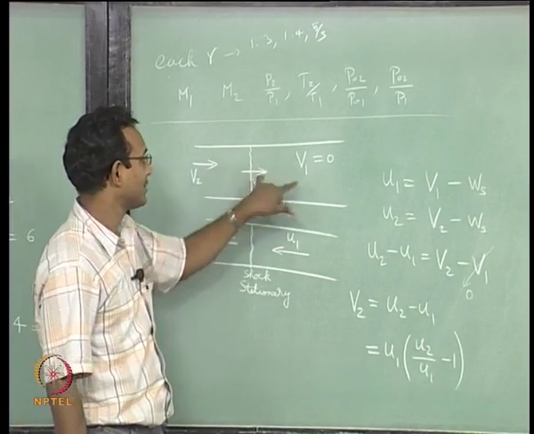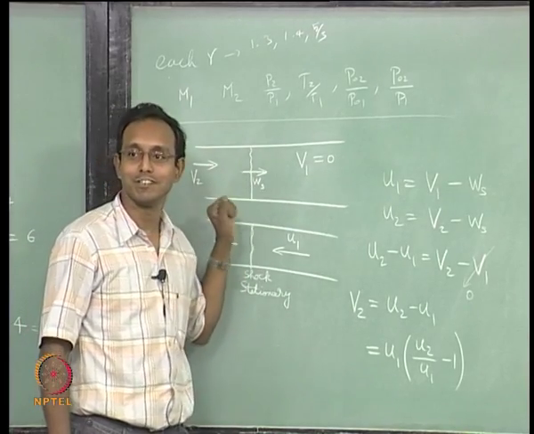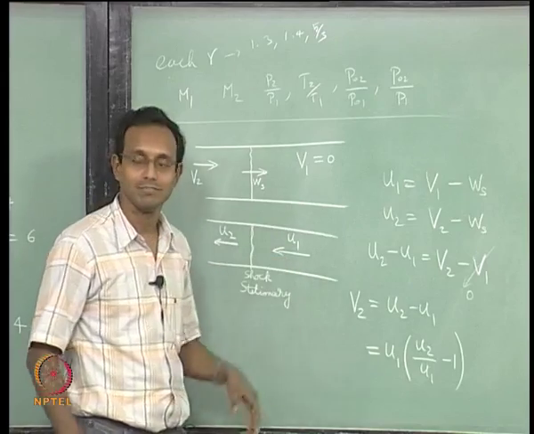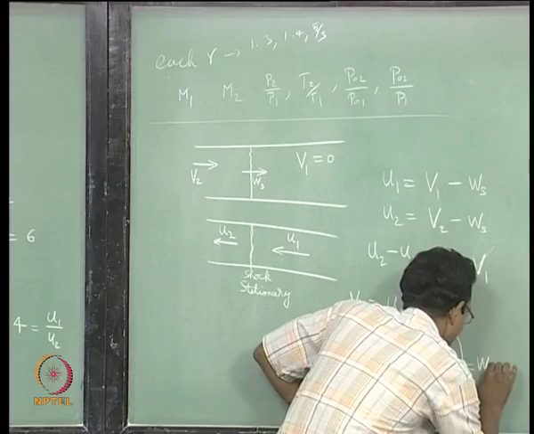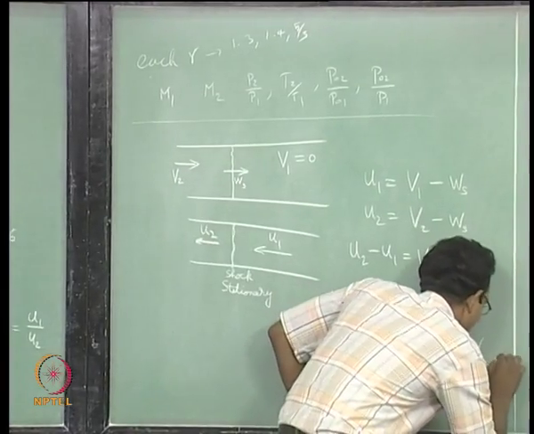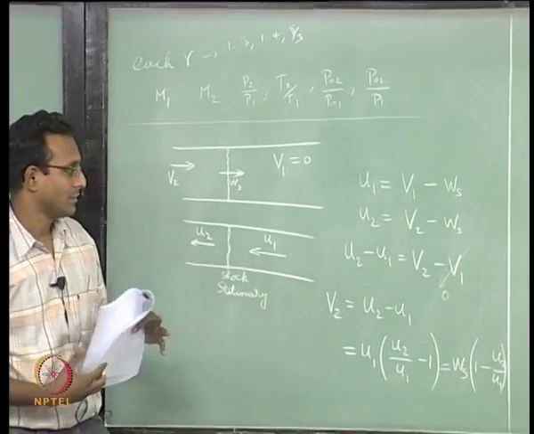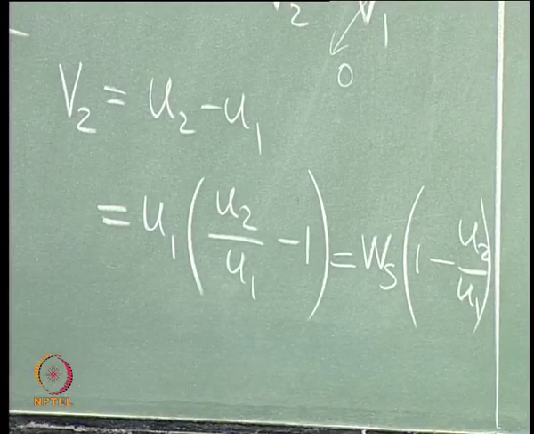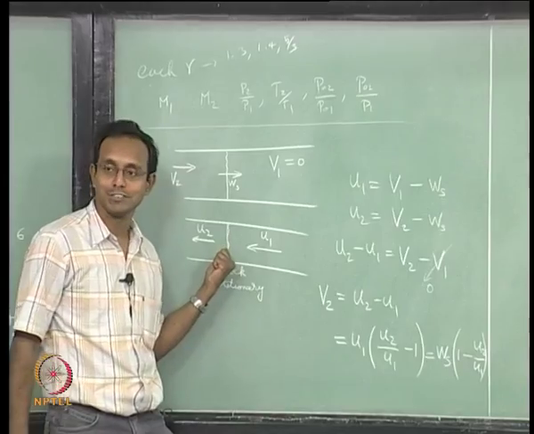Now I am switching reference frame, so this will be moving this way with the same velocity and this is stationary. So it is minus, and it just comes out directly. So I will rewrite this as Ws times, taking the minus sign into the bracket, 1 minus u2 by u1, that will become my expression, where u2 by u1 is in shock fixed coordinates.